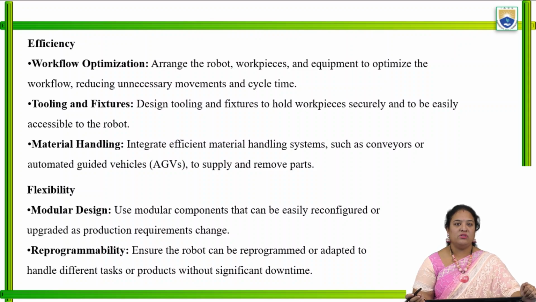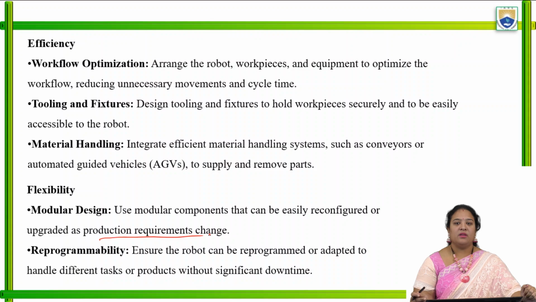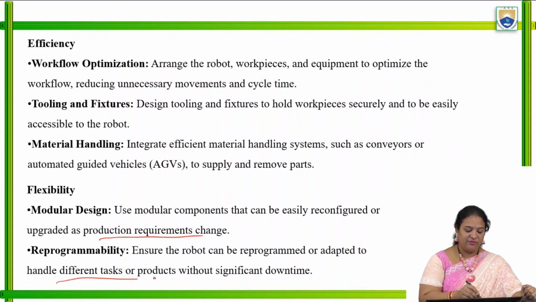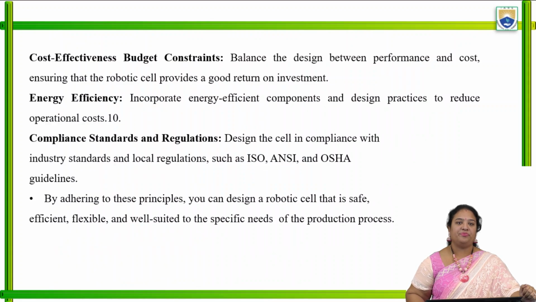And these are also very important. But when we are considering the flexibility, we need to take care that the components can be easily reconfigured or upgraded to handle production changes, or the reprogramming and adaptation to handle different tasks for the product without significant downtime.